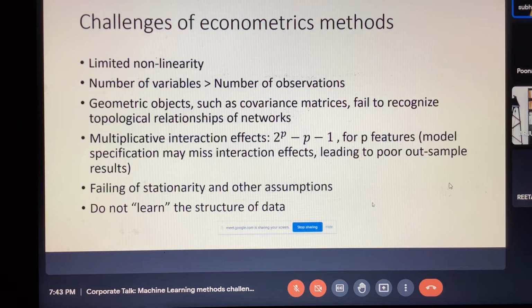So the multiplicative interaction effects are not really an issue, because the model sees the relationship between all these various nodes.